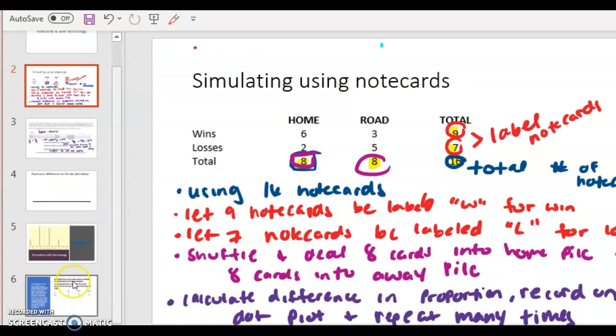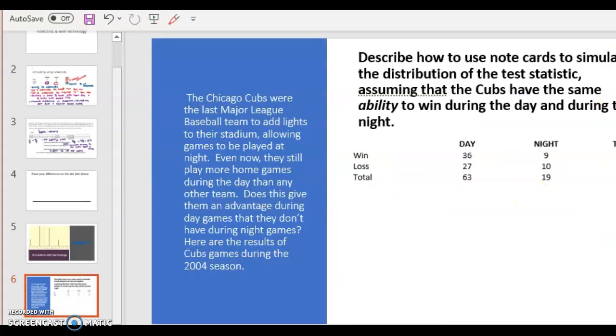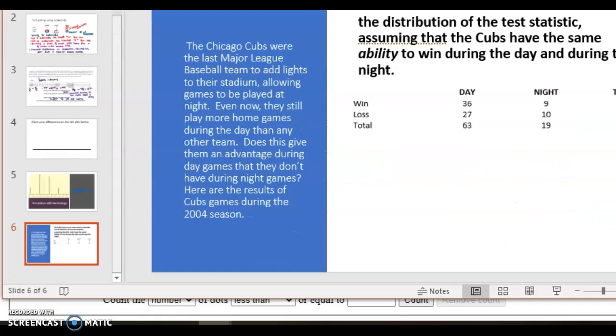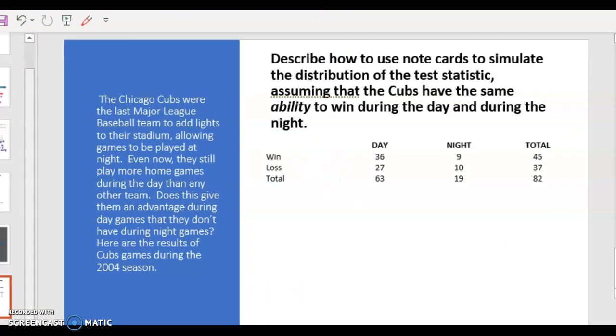Okay, so let's just try one more example together. So this is Chicago Cubs baseball game. They're the last stadium to add lights to their field. So I'm simulating the difference between wins during the day and wins during the night. So again, you always want to use your grand total.